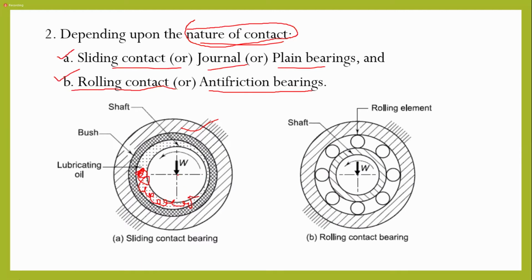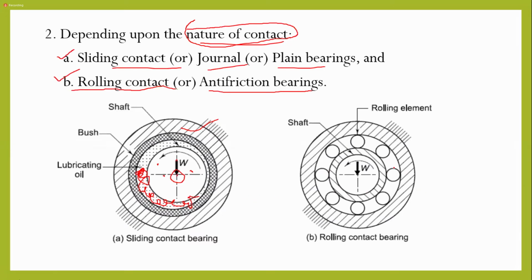This axis will not be at one single position. This position will be moving with time, so sometimes here, sometimes here, sometimes here. So there is hydrodynamic lubrication, and we will discuss this also, right?